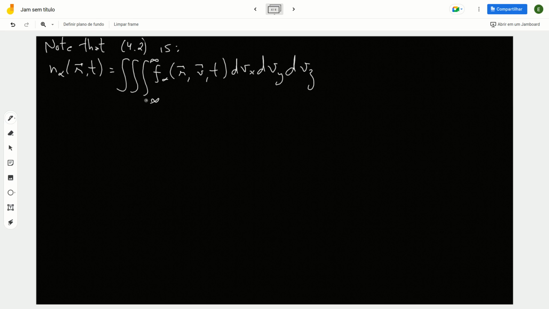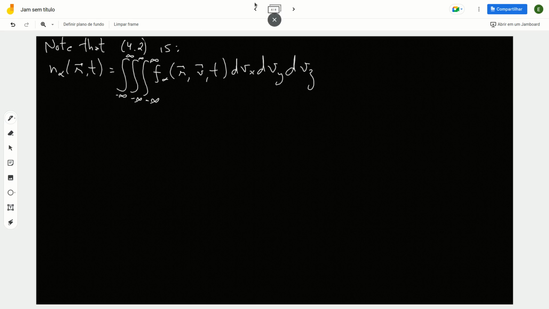We want to integrate this over all possible velocities, because you may have some particles with very high velocity in the positive or negative direction, so you want to include all particles possible. Of course, no particle will have an infinite velocity, so most of these integrals will be zero, but some of them will not. We write it this way to not miss any particles, right?